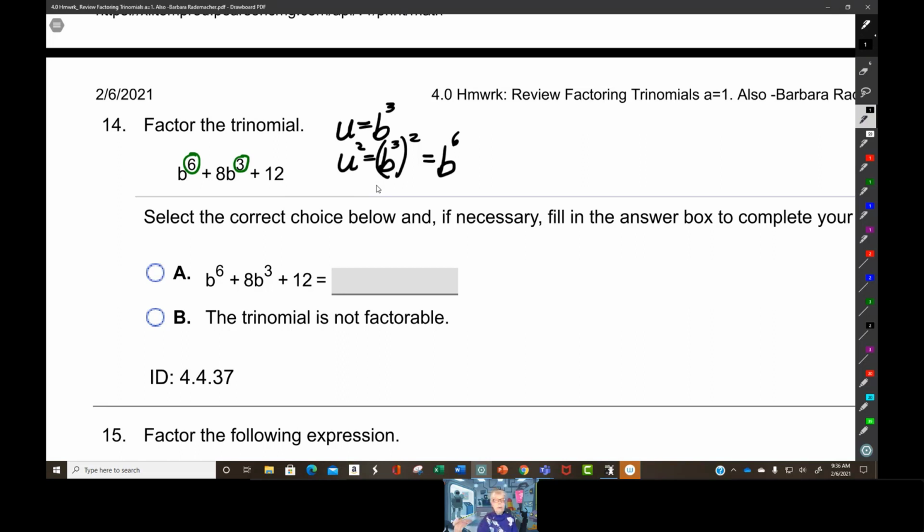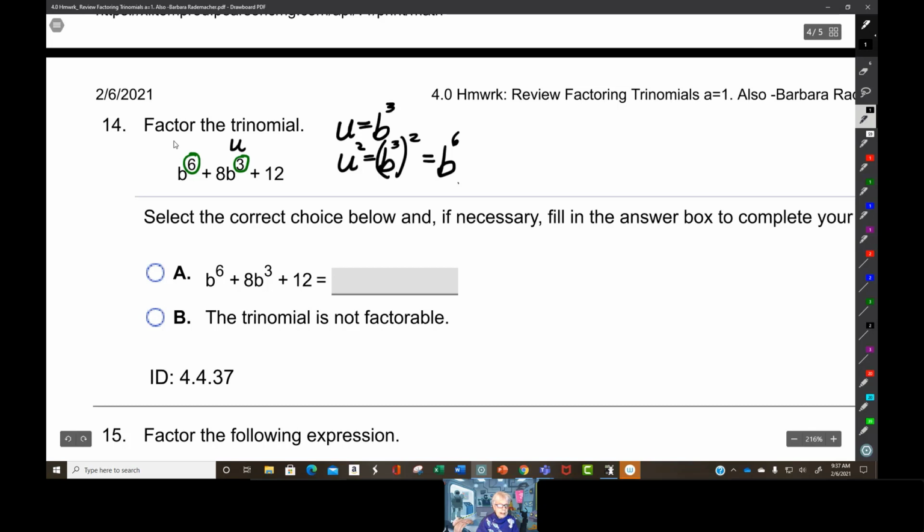So you can go back and review all the stuff you learned in beginning algebra and intermediate algebra. Well, not intermediate algebra so much, but beginning algebra. And that's what these rules are.